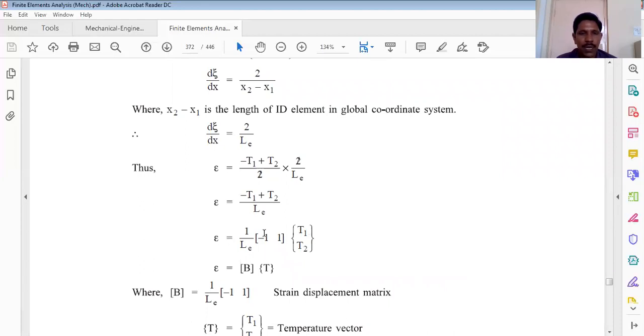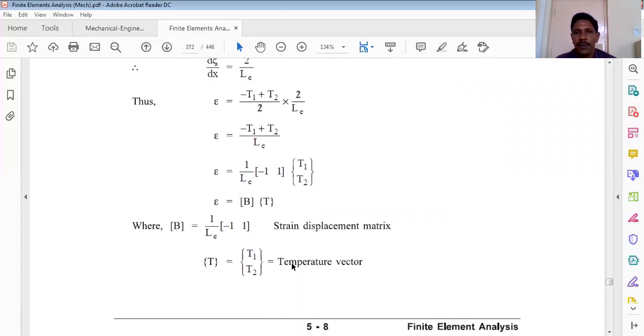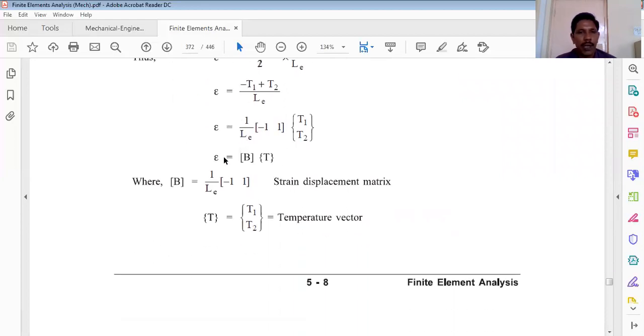So 1 by length of element times minus 1 plus 1 is the strain displacement matrix, and the temperature vector, which is T1 and T2, is for that particular element. So epsilon can therefore be expressed as B into T, and in case of structural problem, it used to be expressed as epsilon is equal to B into U or B into Q.